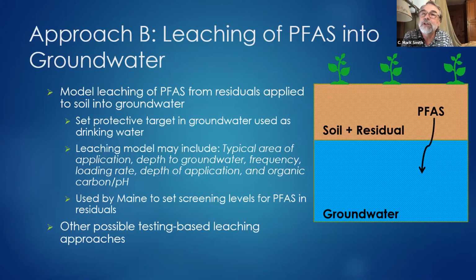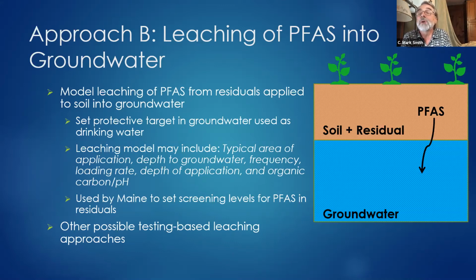The second approach, as I've mentioned, is to focus on leaching of PFAS into the groundwater, where that groundwater is either being used or could be used in the future as drinking water. The modeling of the leaching of PFAS would be set to establish protective targets in groundwater used as drinking water. As has been noted previously, we've just recently adopted a state drinking water standard for 6 of the long chain PFAS, and that would be the target that we would be looking not to exceed. The leaching modeling would have to include a number of different parameters.